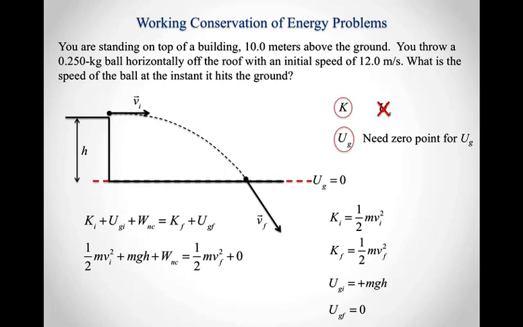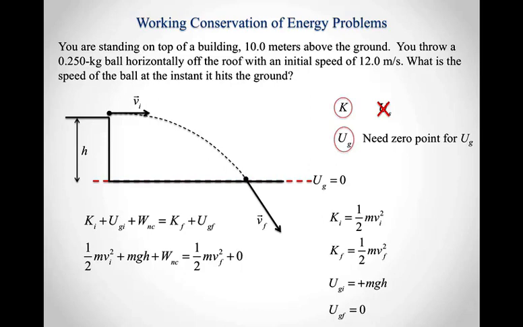And so before I worry about that work done by non-conservative forces term, I've got 1/2 mv initial squared plus mgh, that's my initial energy of my system, plus the work done by non-conservative forces equals 1/2 mv final squared plus 0. So that's the final energy of my system.